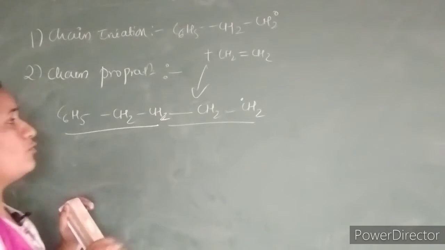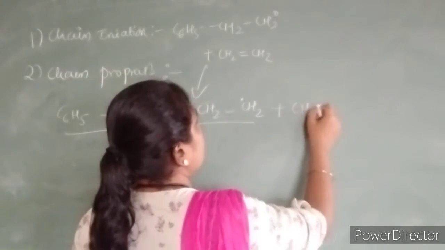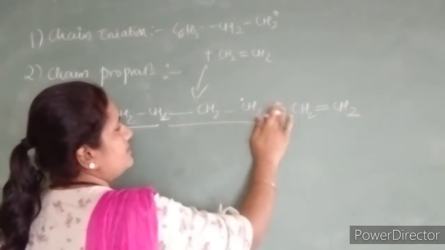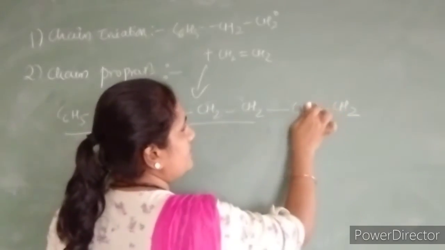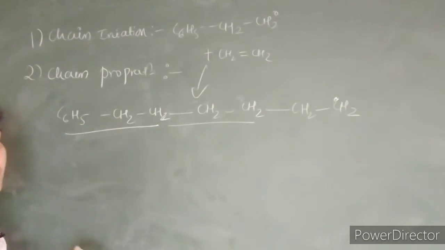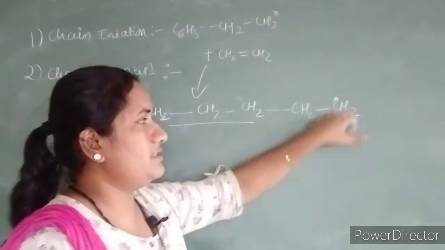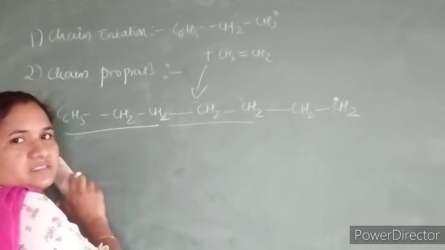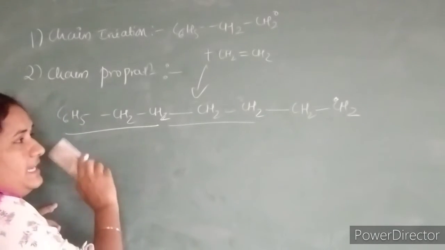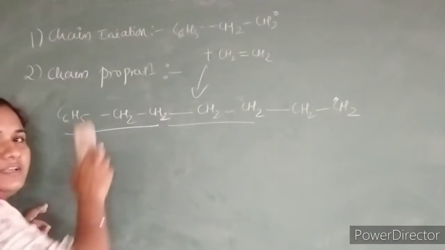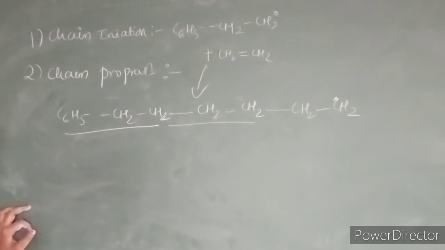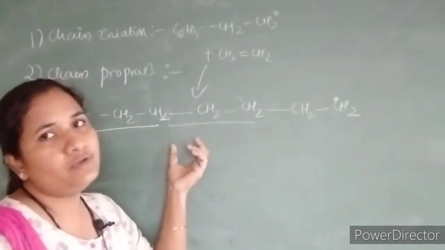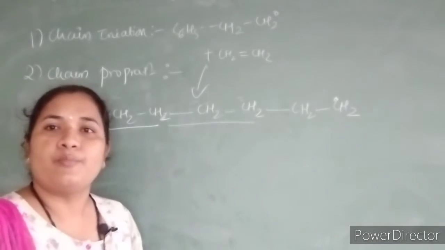If I add one more ethene molecule, again the chain increases. Again a bond is formed between this CH2 and this CH2, and a radical is created over this ethene moiety. As a result, it further picks up one more ethene molecule. In this way the chain is propagated, increased, or lengthened. So this step is called the chain propagation step. In this way, n number of ethene molecules keep getting added to this chain, and we get the formation of polyethylene.